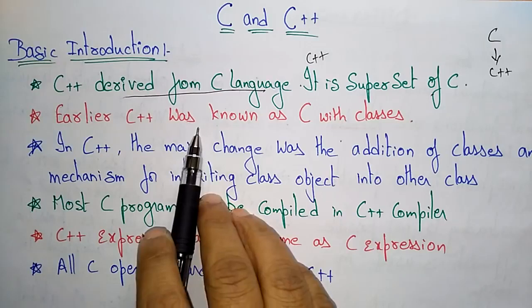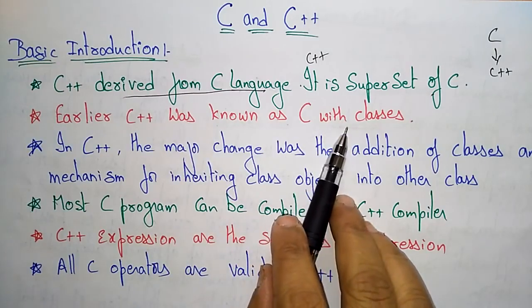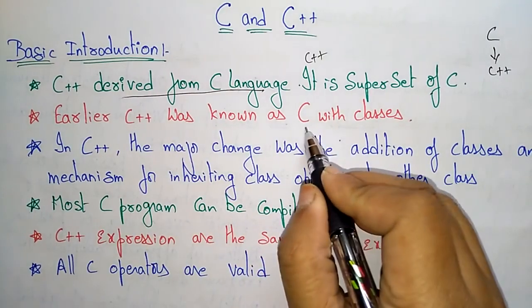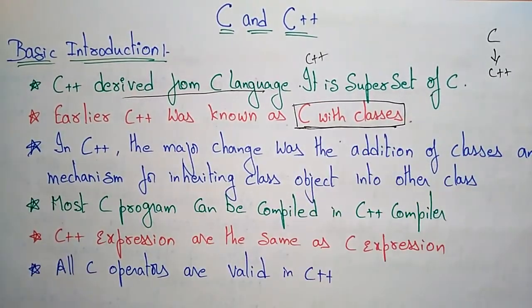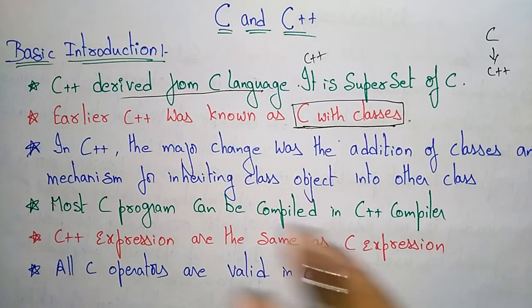Earlier, C++ was known as C with classes. Previously we called C++ C with classes, because in C++ we are using the class concept.